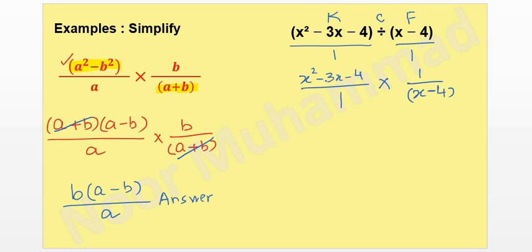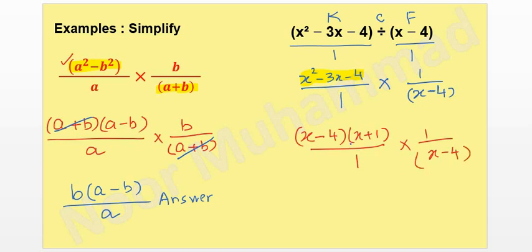Now when you look at this numerator and this denominator, right now nothing can be cancelled, but I know that I can factorize this expression using the AC method. So you will use the AC method and change it into factors. Right now I will write directly the factors. The factors are (x minus 4) and (x plus 1), whole divided by 1, times 1 over x minus 4.